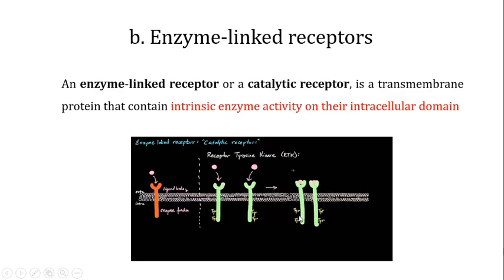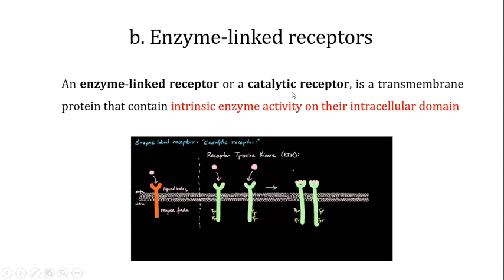In this video, we'll be talking about the second type of receptor, which are known as the enzyme-linked receptors. As the name indicates, these are receptors which are linked to some sort of enzyme. They are also known as catalytic receptors.